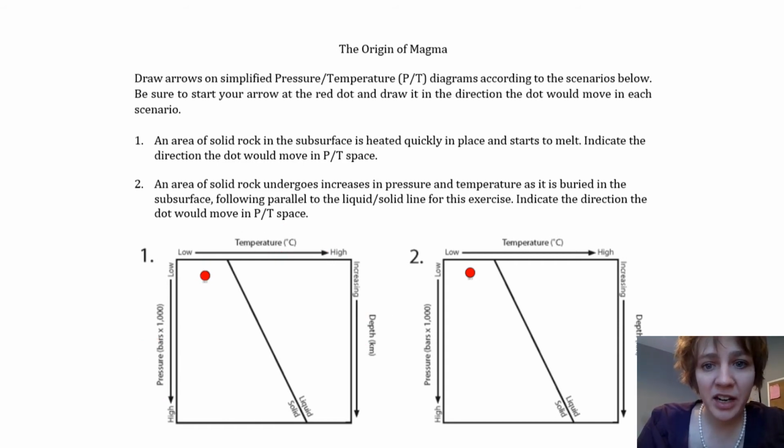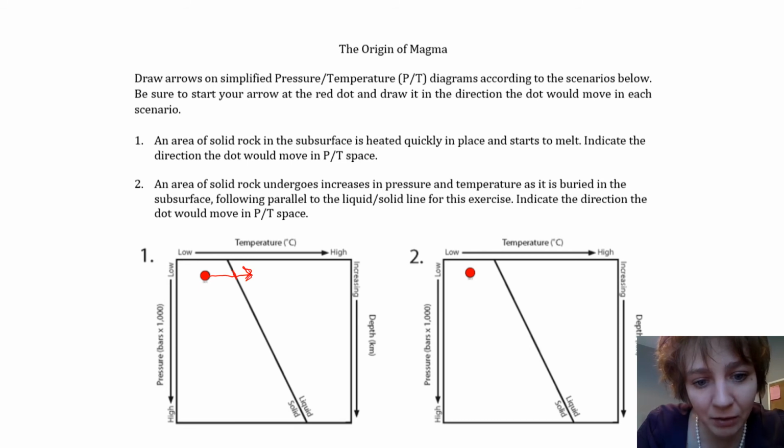To draw in an arrow representing this situation, I'm going to start at the dot as instructed and then draw like this. So we have a rock, its temperature is increasing until it gets right there, it melts.